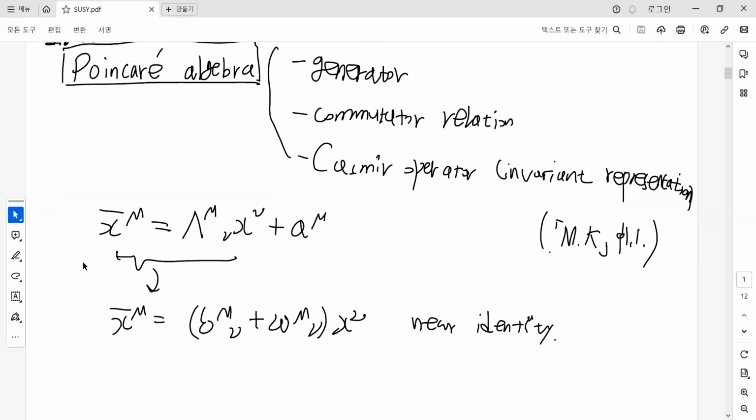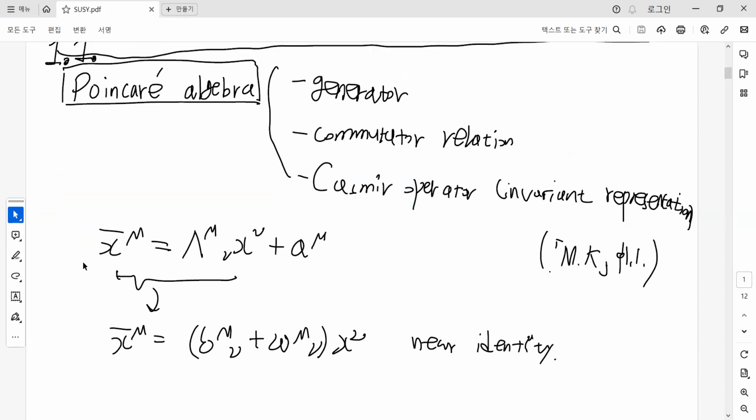So first of all, the Poincare group: the transformations in the Poincare group represent the space-time symmetry. So there are translations of the space-time vector, and the boost or Lorentz transformation and the rotations are included here.